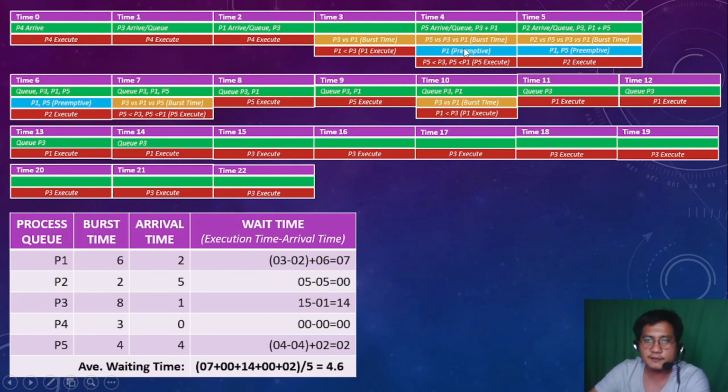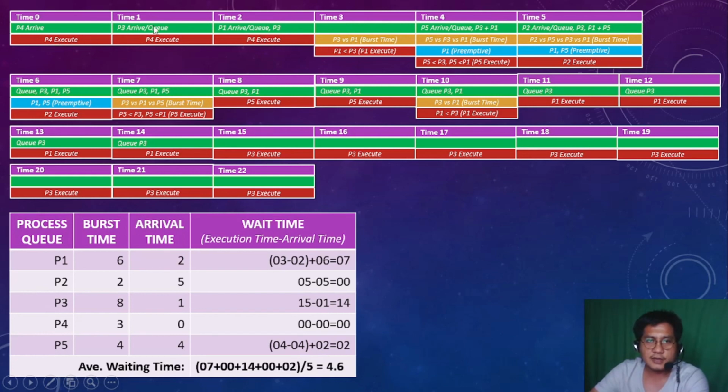Now we have blue. Since process 4 is the first to get execution, because it has an arrival time of 0, it will be executed from time 0.